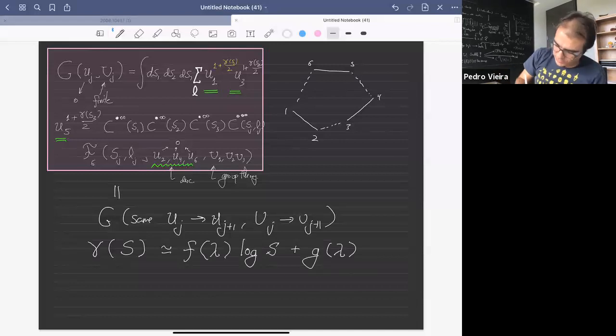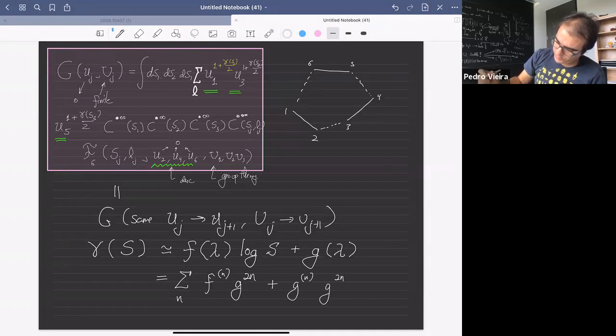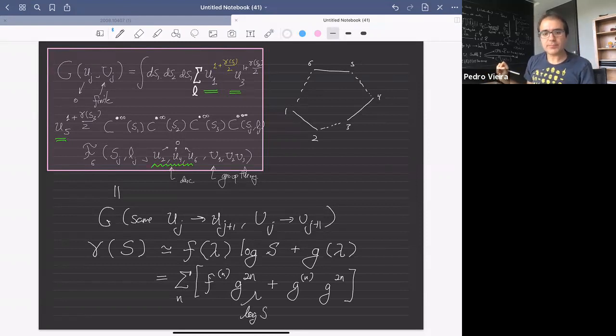Just let me be a bit pedantic and write that this is some sum over n, f_n g^{2n}, where g is the coupling, and then plus some g_n g^{2n}, beautiful notation, but I think no one gets confused. And here a log s, right?